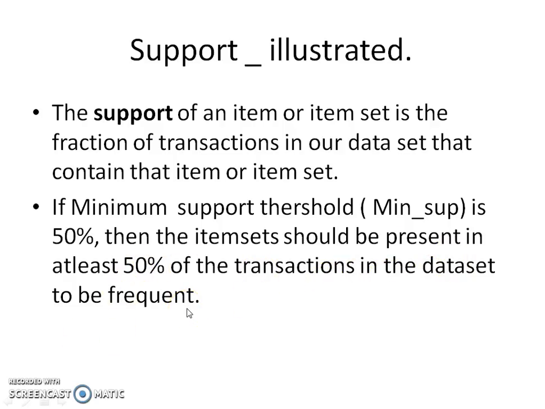What will happen if the item set is present only in 20% of the transactions? You don't call it a frequent item set. You call it not frequent. So any item set, if it has to be frequent, it should pass the minimum support threshold.